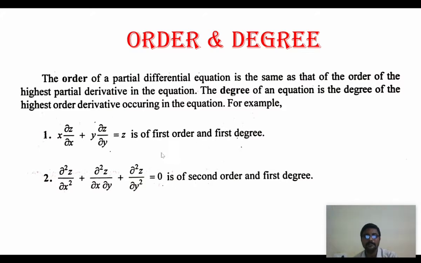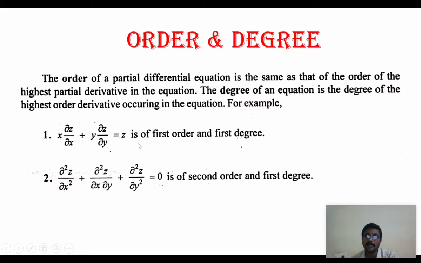For example, in example 1, the equation involves only first order derivatives, so the first order derivative is the highest order derivative and the order is 1. And what is the degree? Dou z by dou x whole power 1, dou z by dou y whole power 1. So the degree is 1. The equation has order 1 and degree 1.